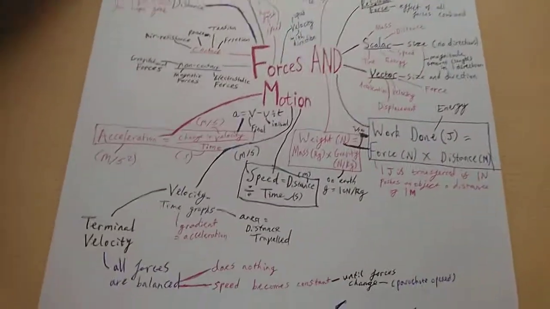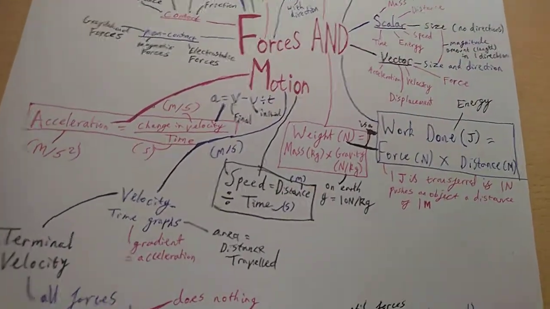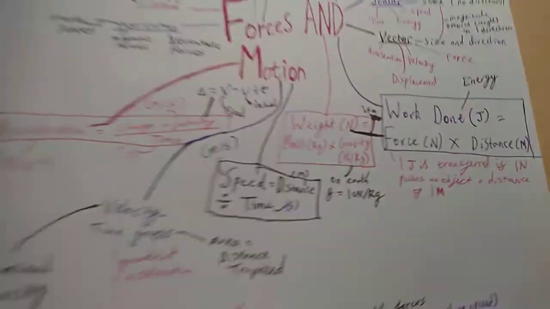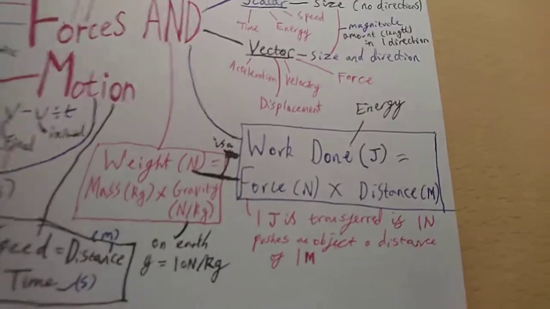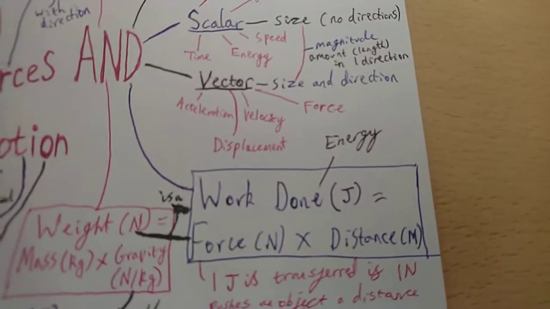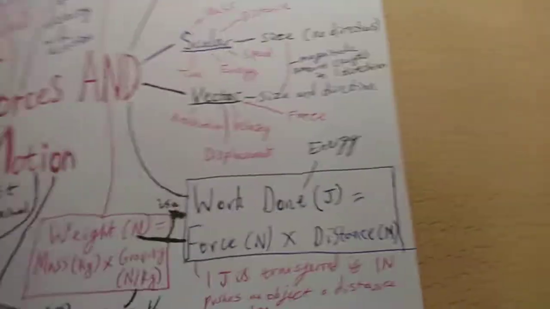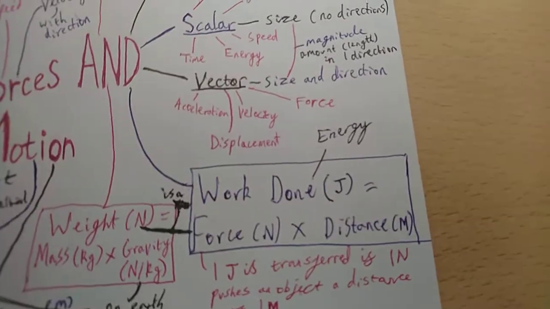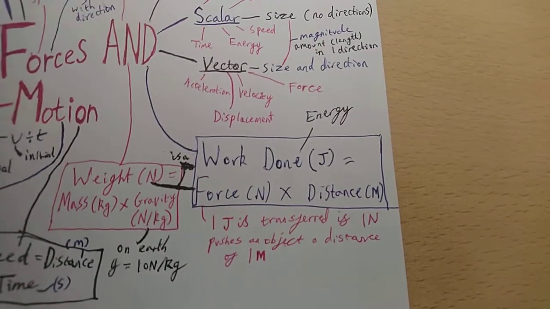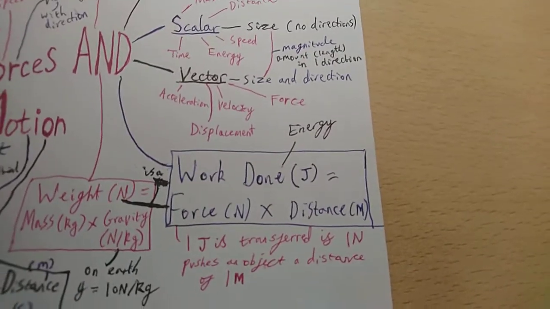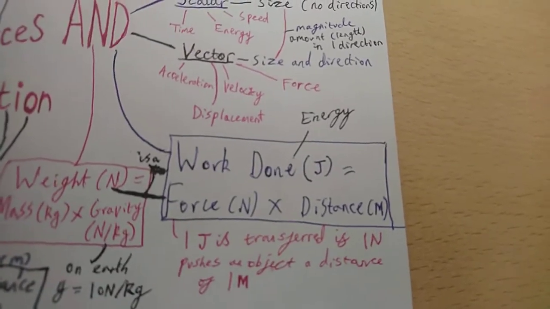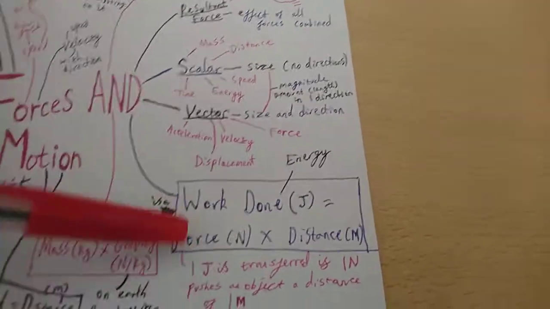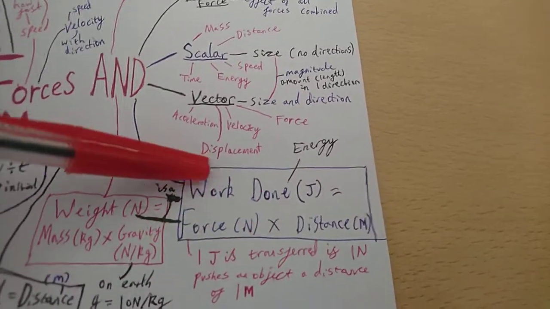Now on to everyone's favourite category, the equations. Let's start with this side. Work done, which is basically energy in joules, equals force times distance. That means 1 joule of energy is transferred if 1 newton pushes an object a distance of 1 metre.